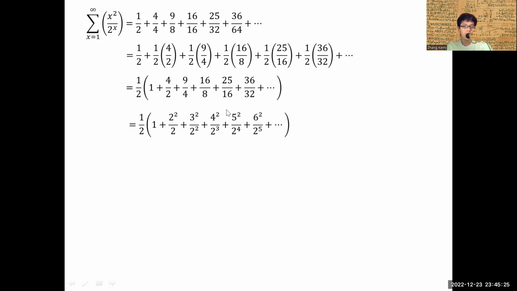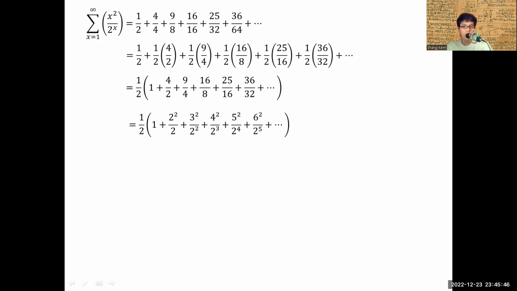Notice the numerator starts from 2, and the power is a constant, which in this case is 2. For the denominator, you can see it increases from 1, 2, 3, 4, 5, according to the terms.